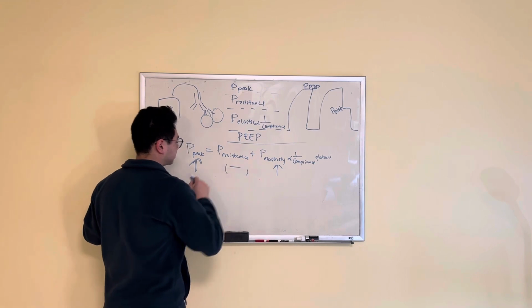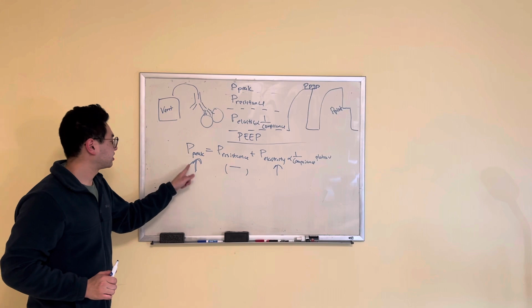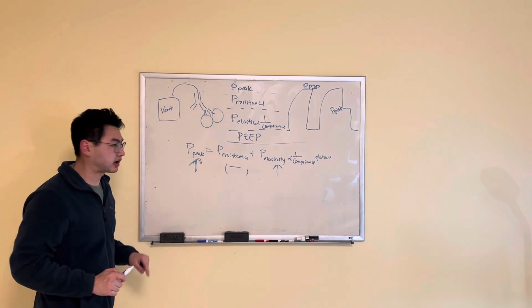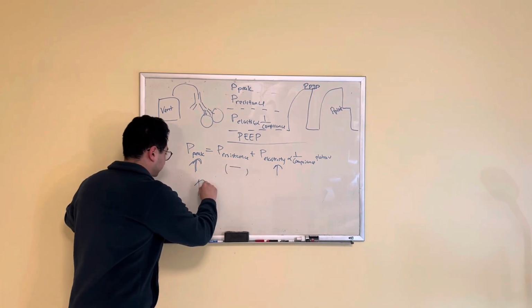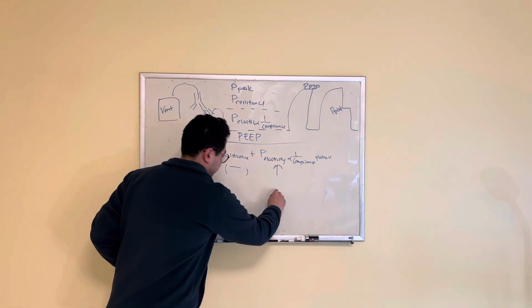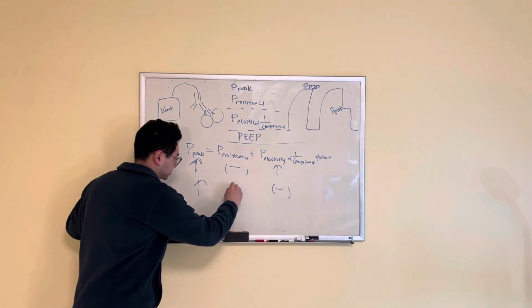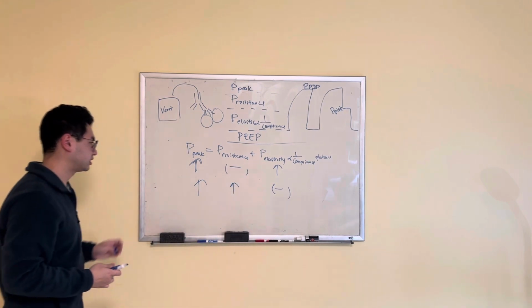And then we're going to assume resistance is normal. So when we see this, we think compliance issue. If the peak pressure is elevated, but we look and the plateau pressure is normal, then we're thinking this is a resistance issue.